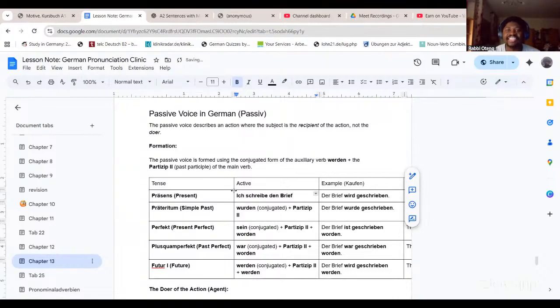So when you say the letter is being written, the passive is when we don't mention the doer of the sentence, the one performing the action, but the emphasis is always on the action being performed.